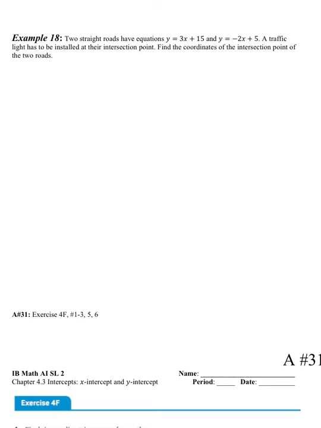Okay, last example today says that two straight roads have equations y equals 3x plus 15 and y equals negative 2x plus 5. A traffic light has to be installed at their intersection point. Find the coordinates of the intersection point of the two roads. So we have a couple methods we can do for this problem. You can do graphing.